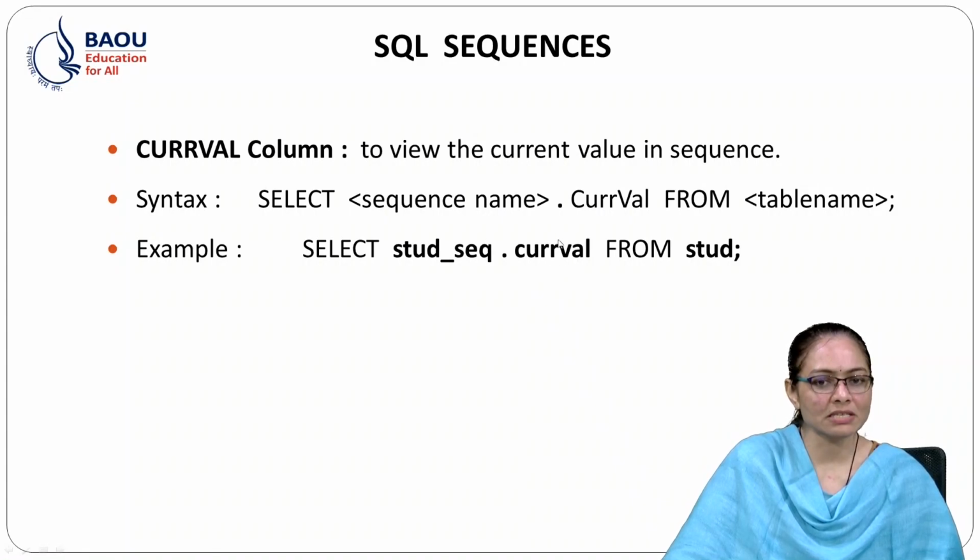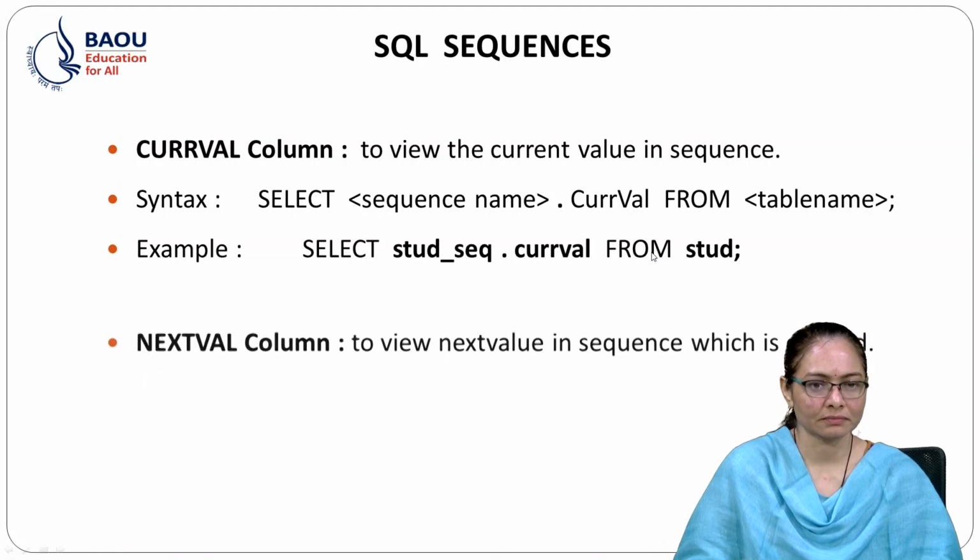It is not generated on its own. It is already an inbuilt column name of the sequence. So, if we want to view the current value in a sequence, then write down this command: select sequence name dot cur val from student.